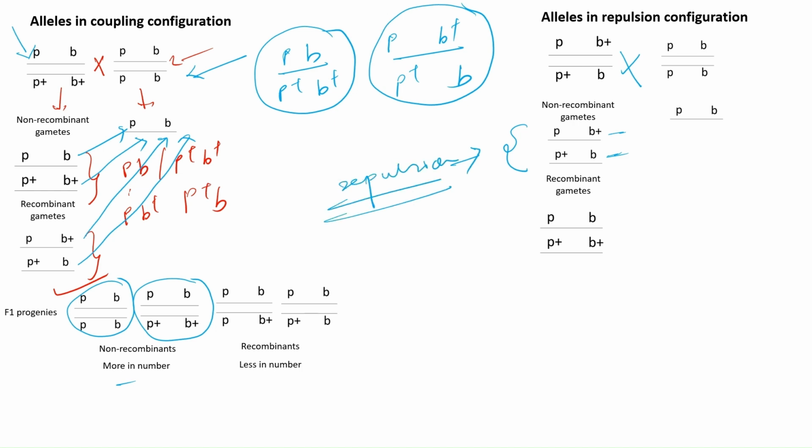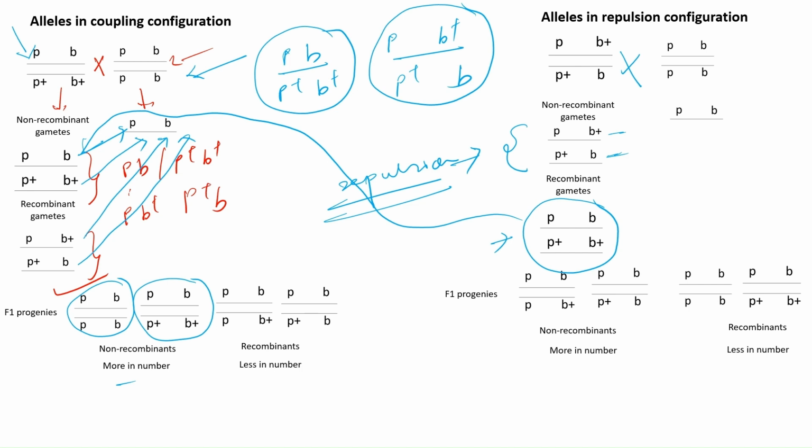This is because in repulsion, we have one wild type and one mutant allele on each chromatid of the homologous chromosomes. Similarly, we'll have recombinants as well. If you see the recombinant here, it is the same as the non-recombinant in coupling. So what is non-recombinant in coupling is recombinant in repulsion, and what is recombinant in coupling is non-recombinant in repulsion.